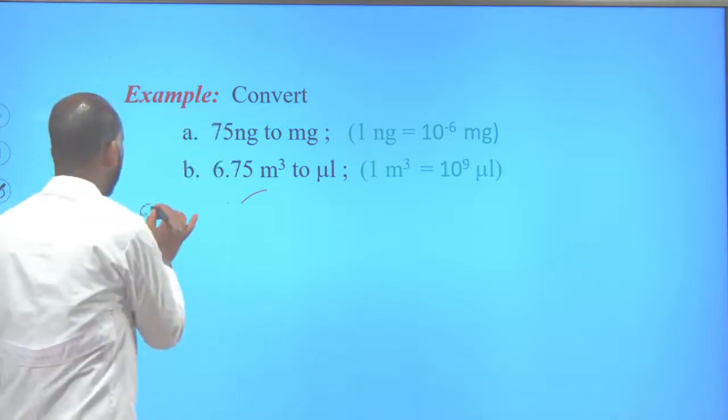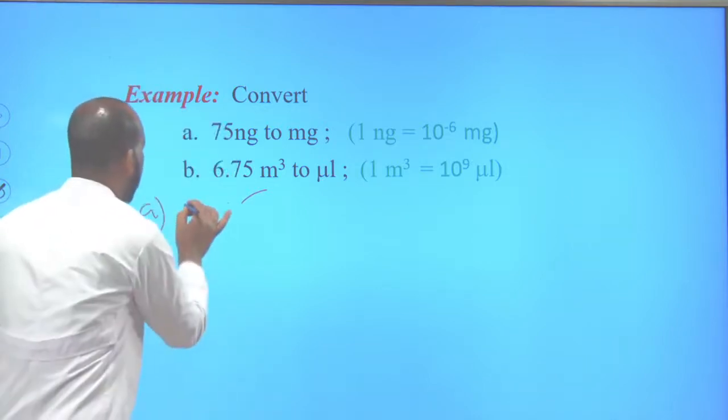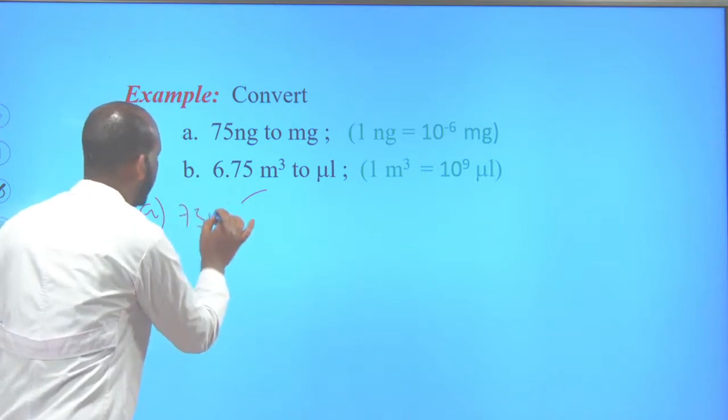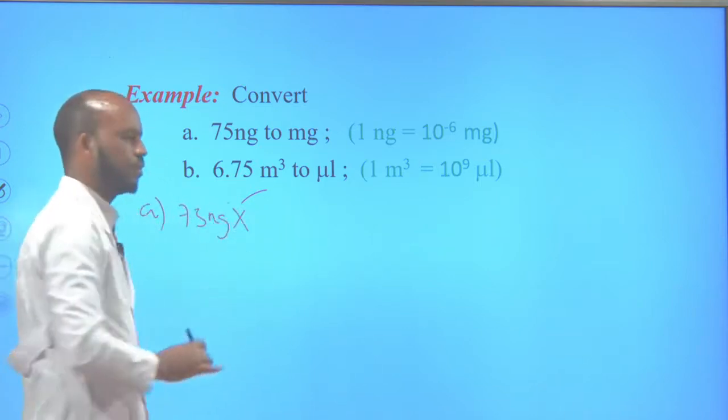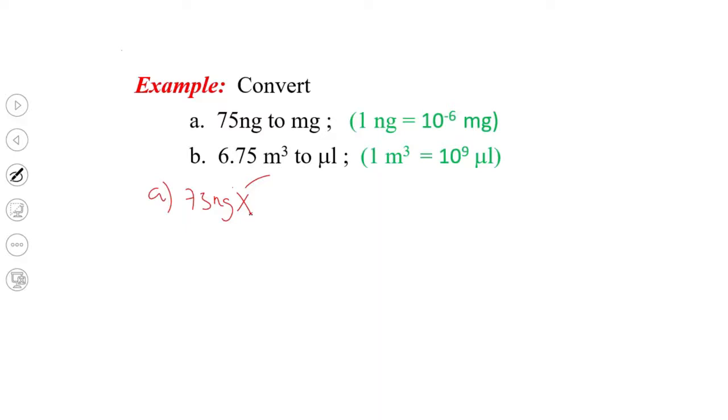A. 75 nanogram times quantity of desired, which is milligram. Unit of desired quantity is 10 raised to minus 6 milligram divided by unit of original quantity, which is 1 nanogram.